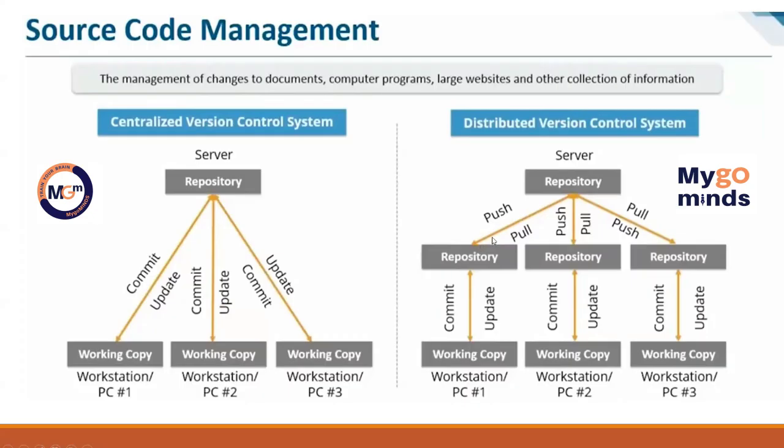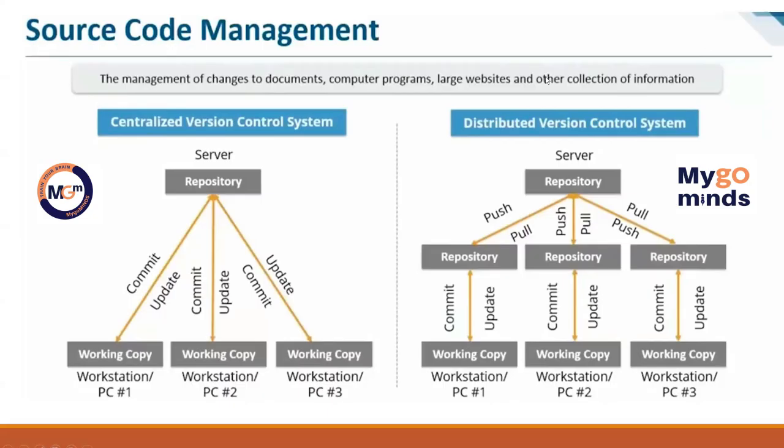From the local repository, you push the code to the remote repository. If you have any issues with the remote repository, we have the code in the local repository. If you have any issue with the local repository, we have the code in the remote repository.